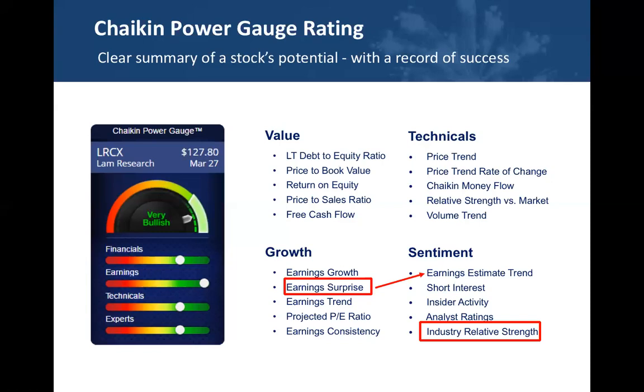But the common thread was that they all had a discipline. Whether they were looking at value factors like free cash flow to market or price to sales ratio or growth factors, whether they were short sellers or insiders, they all had a discipline that they followed. And the Chaikin Power Gauge rating has worked in the 7+ years that it's been live because it's based on how Wall Street works.